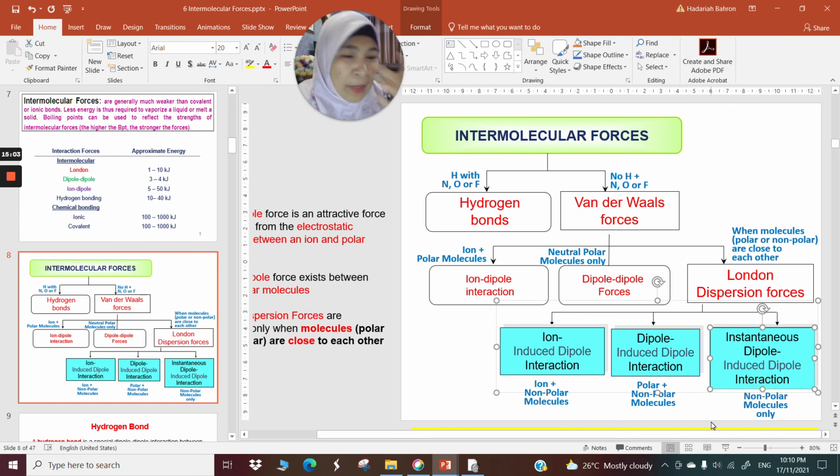Now, when we talk about induced dipole, that means initially the molecule is not polar. So we're talking about non-polar molecules that, when they become close to one another, will have a movement of electrons within those molecules that will spontaneously or instantaneously create temporary dipoles.